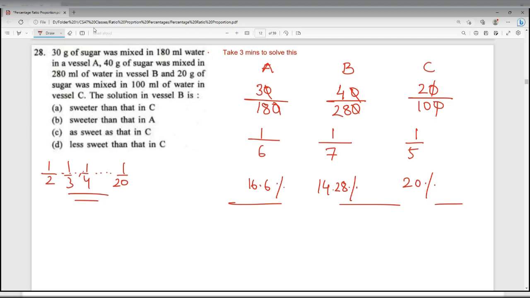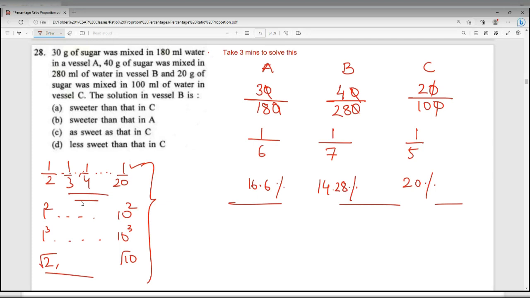You can memorize the squares till 10 square, the cubes till 10, and then square roots from 2 to square root of 10. If you memorize these things, your calculation would become much faster.